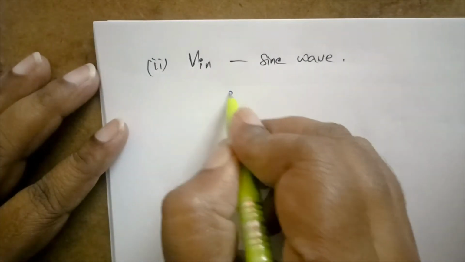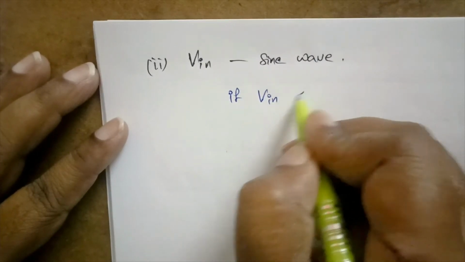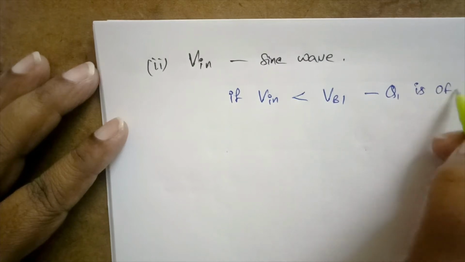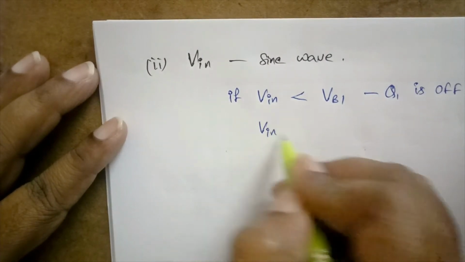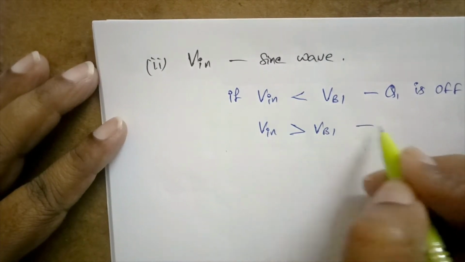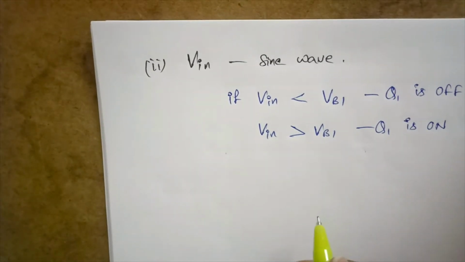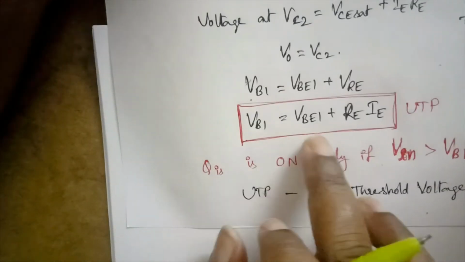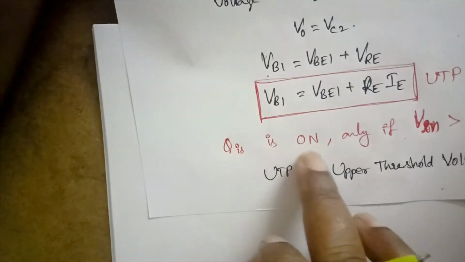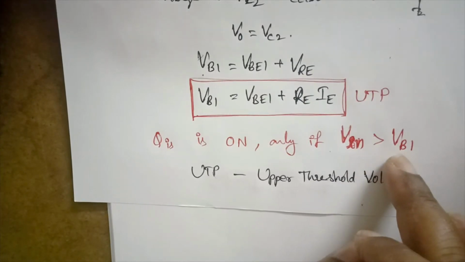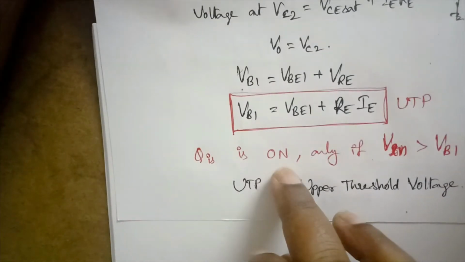If Vin is less than VB1, Q1 is off. If Vin is greater than VB1, then Q1 is on. So up to the VB1 value, Q1 is off, and when the Vin value is greater than VB1, Q1 is on.